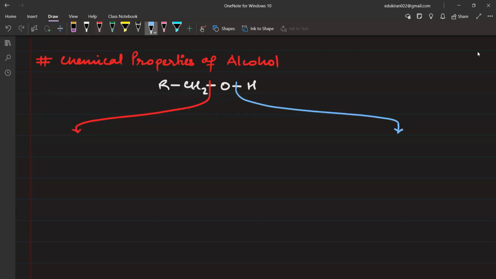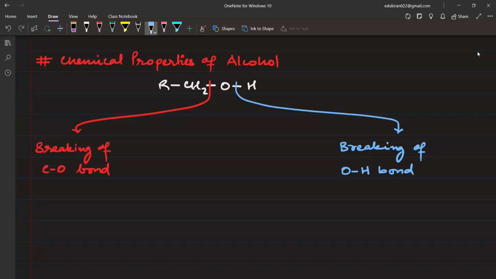So we'll see breaking of the CO bond, and we will also see breaking of the OH bond. First of all, we will see the reactions involving cleavage of the OH bond and then reactions involving cleavage of the CO bond. Please write the topic names with me.